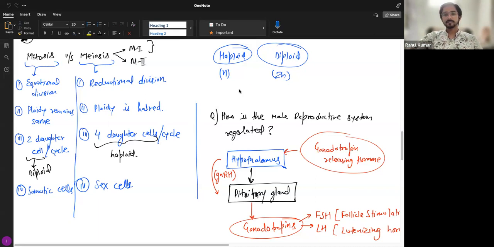So let's continue with how the male reproductive system is regulated. Summary. Yes, sir. So then we discussed how the male reproductive system is regulated. It starts with the hypothalamus. The hormones produced by the hypothalamus are stored in the pituitary. Not stored. Hormones are not stored anywhere. They are like messengers.